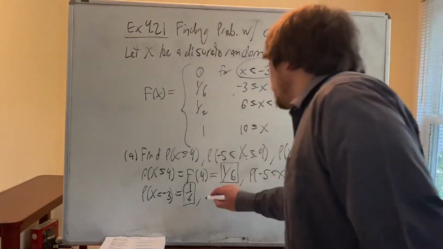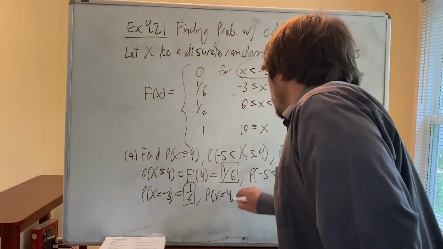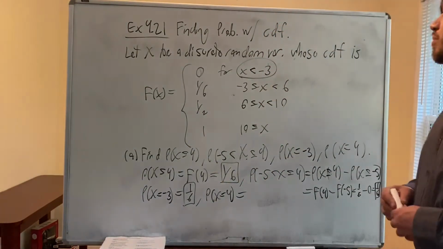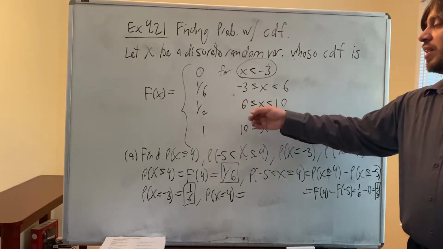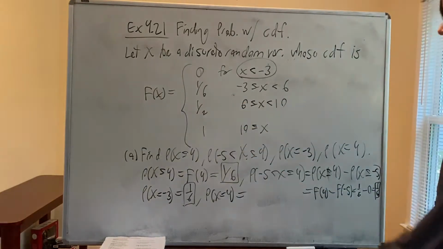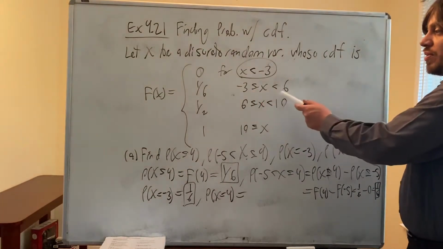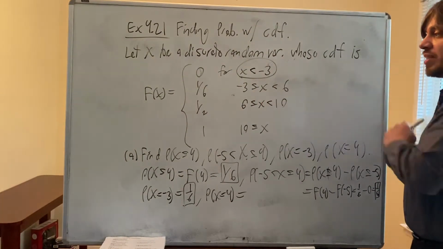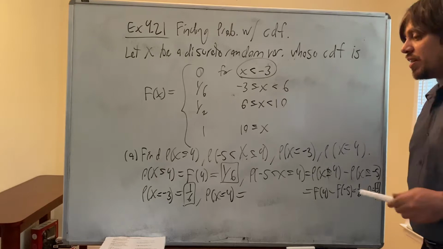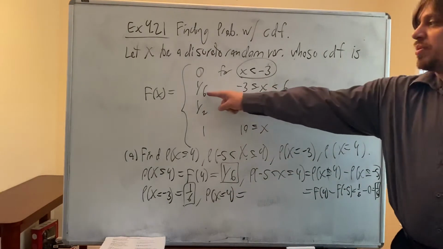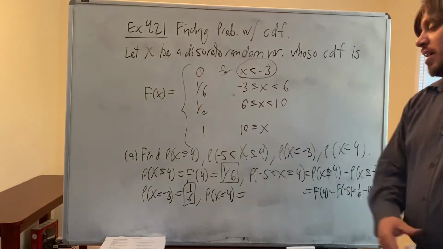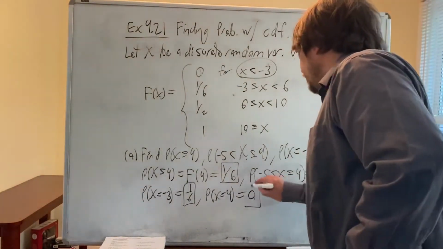And then the probability that X is equal to 4. What is that equal to? Well, 4 is here, and the cumulative distribution function at -3 is 1/6. Then it stays at 1/6 until we almost get to X equals 6. When X is 4, it's in this interval, and the cumulative probability doesn't change. So the probability that X equals 4 is 0.